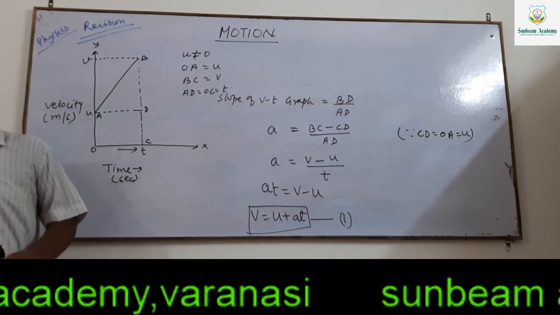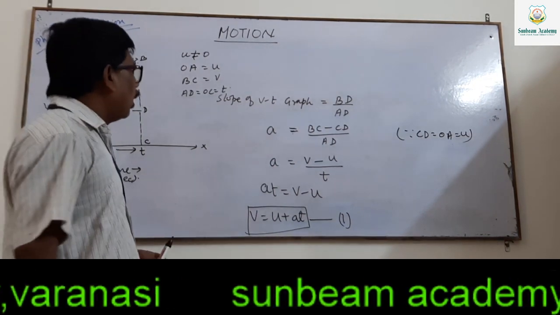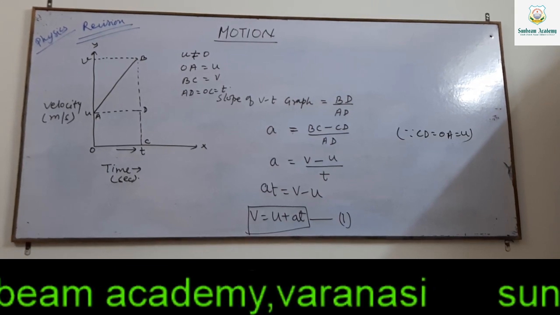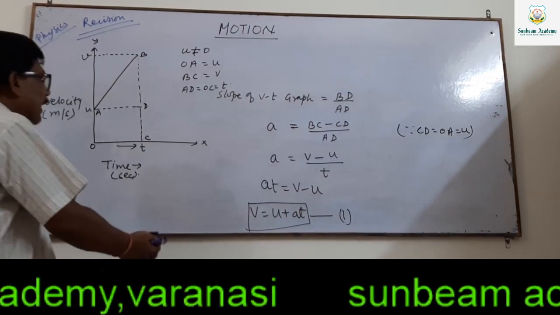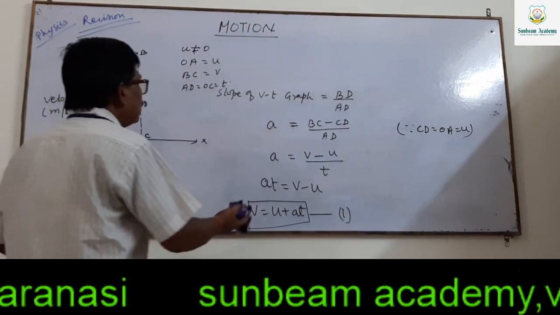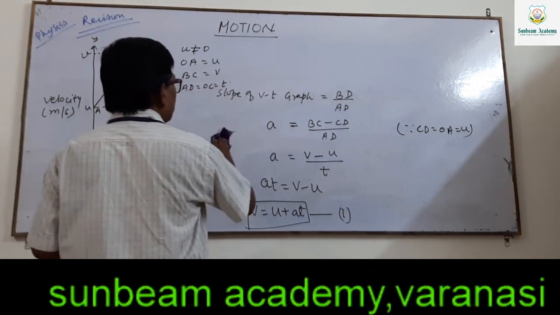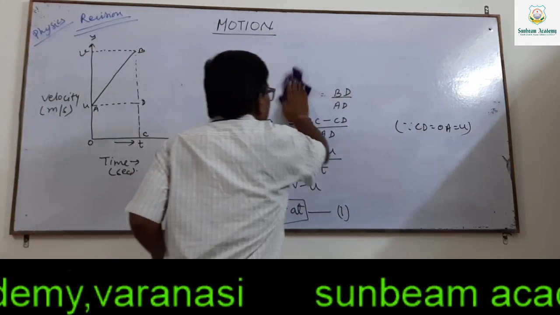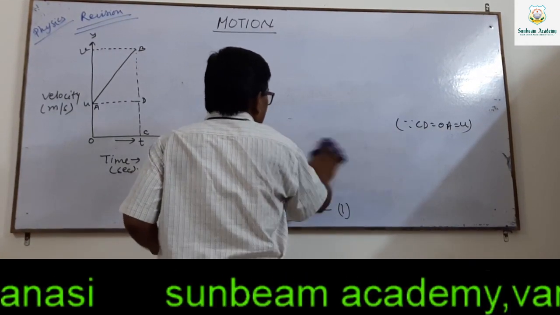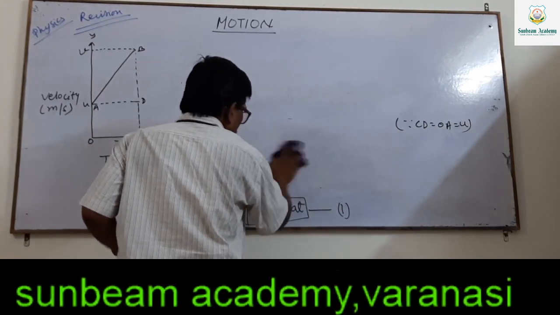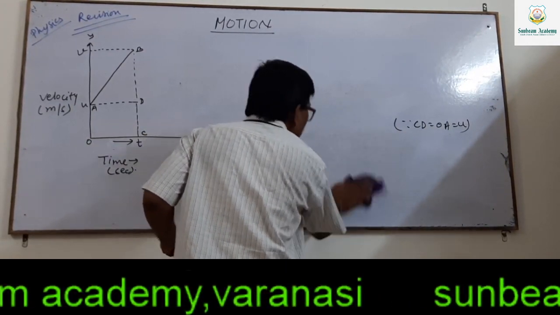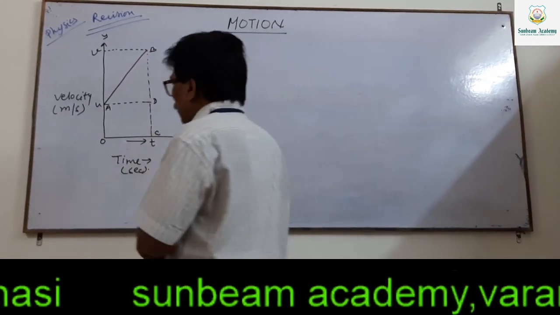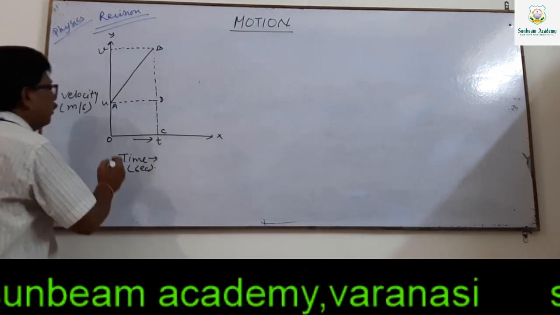Now let us see the second equation of motion. How to derive it? You can write it down if you want to. In the case of the second equation of motion, what will we take?